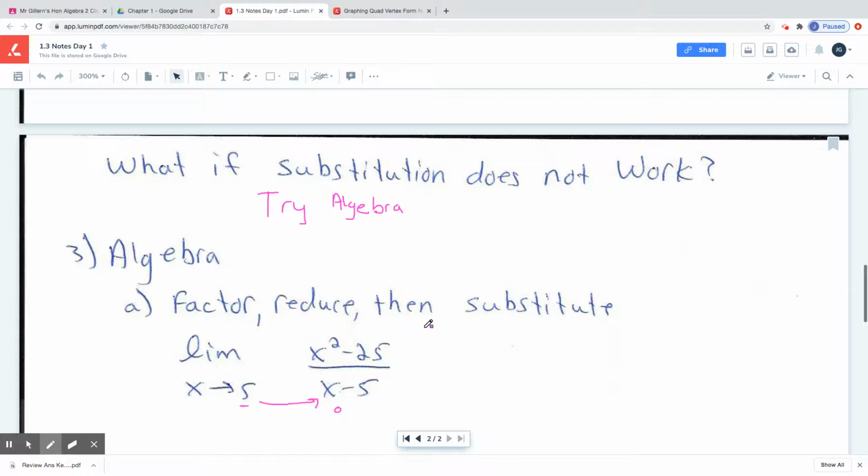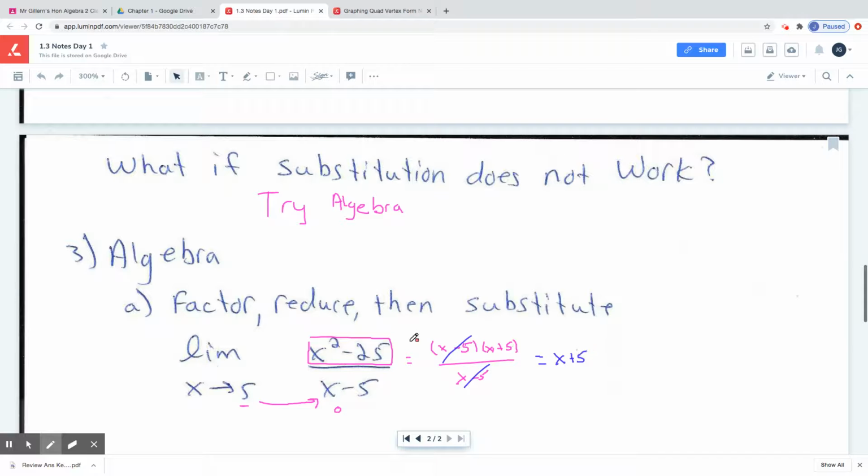In this particular example, we're going to factor. I can factor x squared minus 25 into x minus 5 times x plus 5, all over x minus 5. Hopefully you notice I can cancel out the x minus 5s, and I am left with just x plus 5.